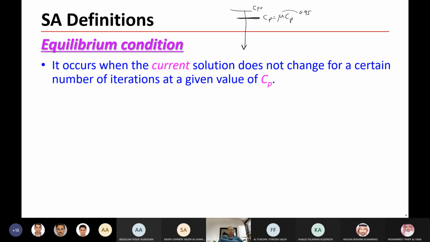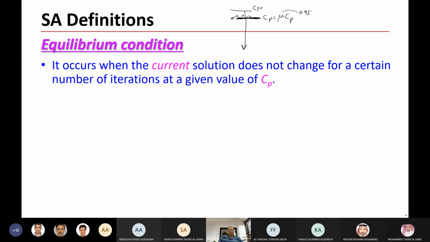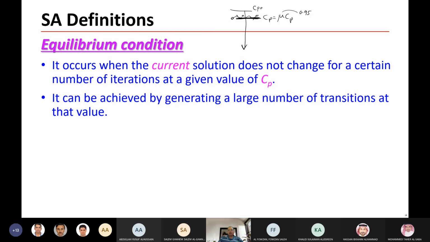So at this level, you have a current solution, and then you try the trial solution, you accept it, or you go here and there, you create a trial, you may accept it, you go back to current, and then you create another trial. If the current solution doesn't change for a long time, that means you have reached thermal equilibrium at this level of the temperature.